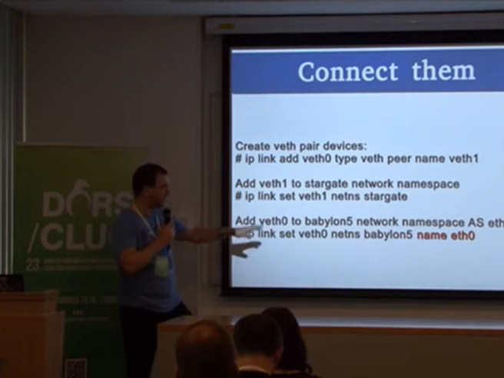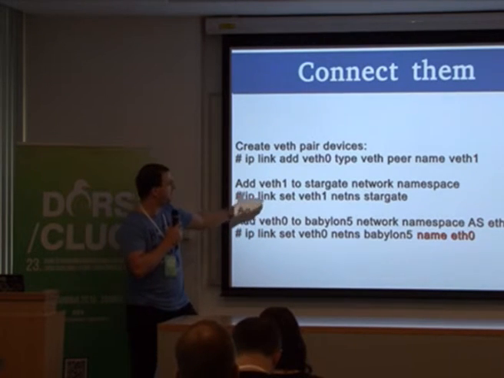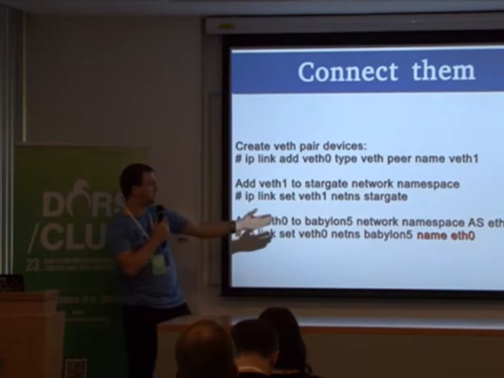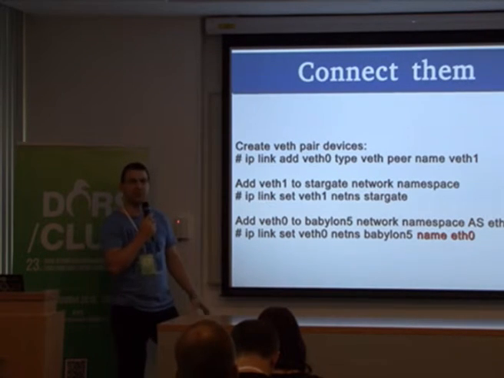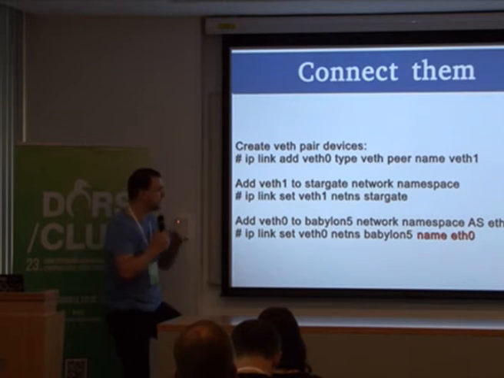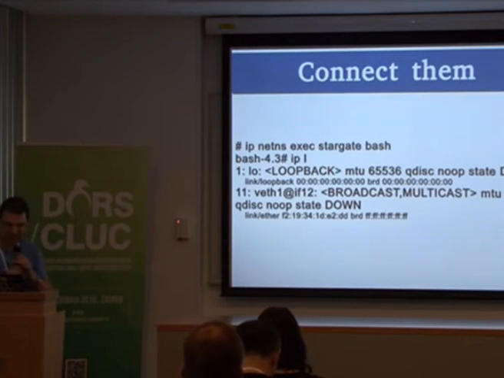What happens here is you first move veth1 to the Stargate namespace, then veth0 to the Babylon 5, and you're ready. The difference between the two link set commands is the name. And you see the difference right here. In the Stargate namespace, you see veth1, right? It's obvious.